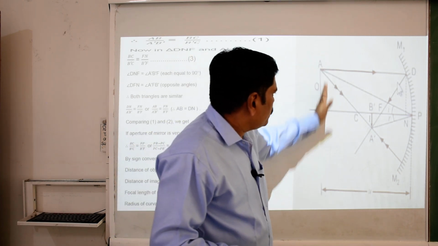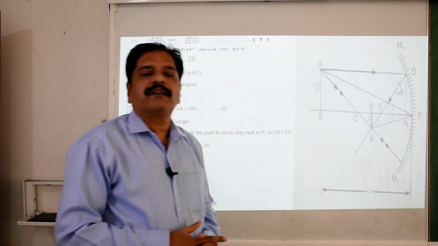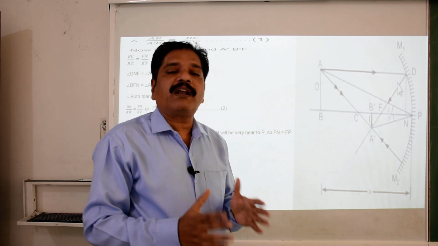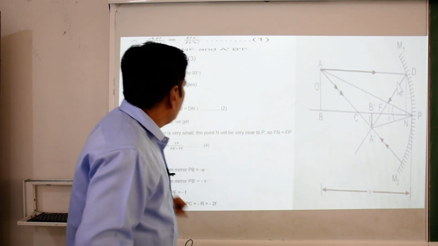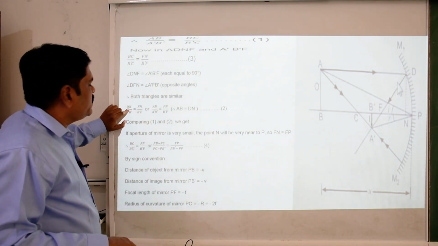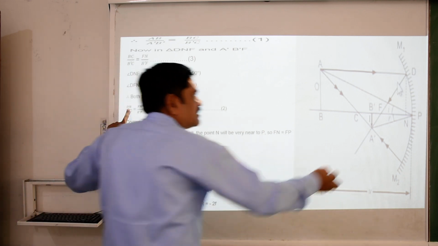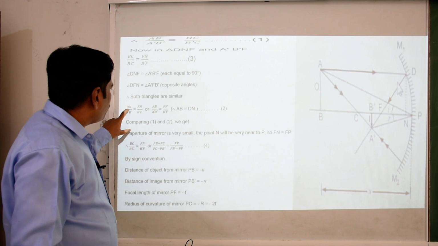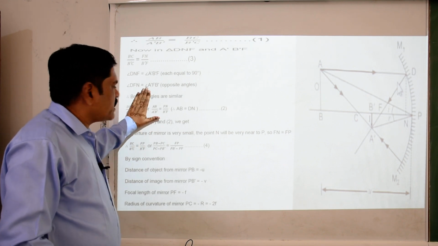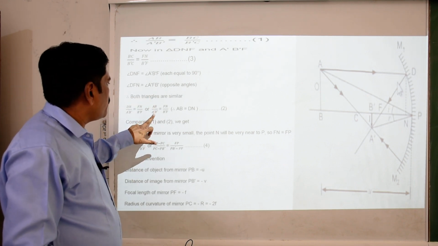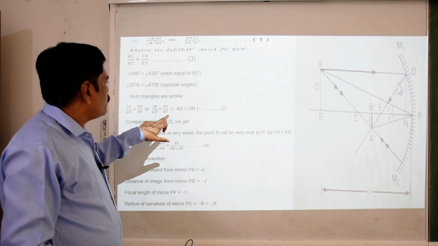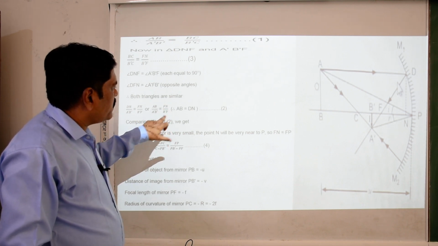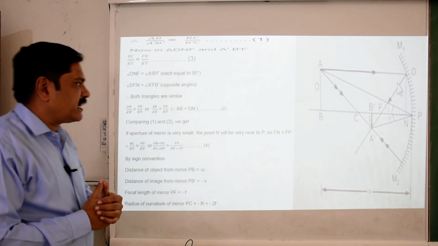So that's why this AB and DN will be equal as well as parallel. So in this equation, DN can be replaced by AB. Just replace DN by AB, then you will get this equation: AB upon A dash, B dash is equal to FN upon B dash, F. Clear? So you will get the second equation.